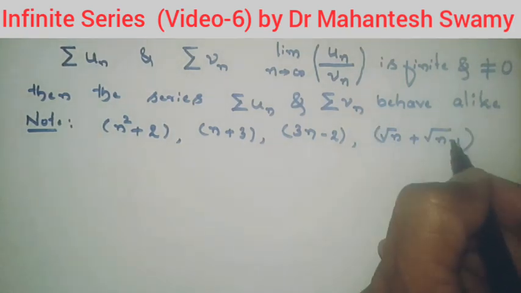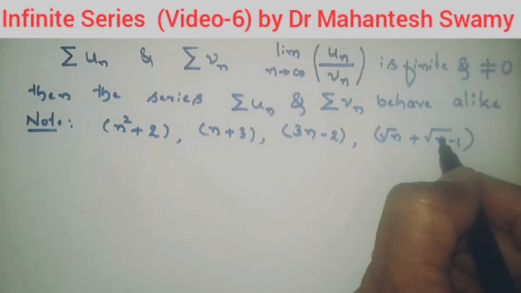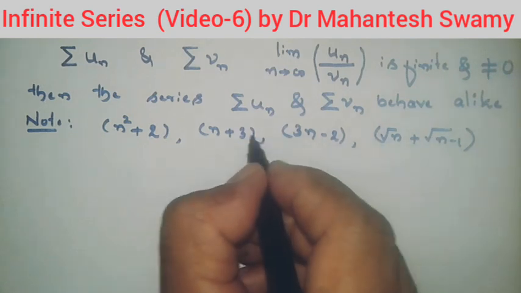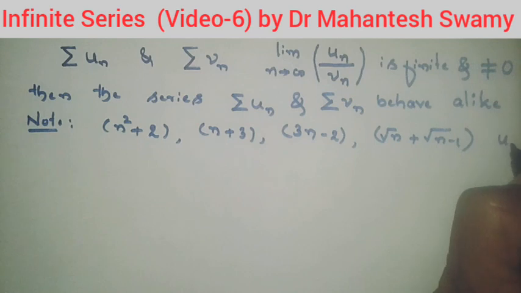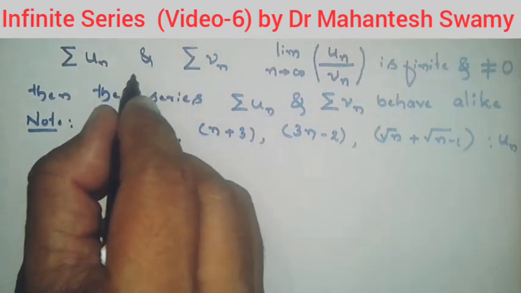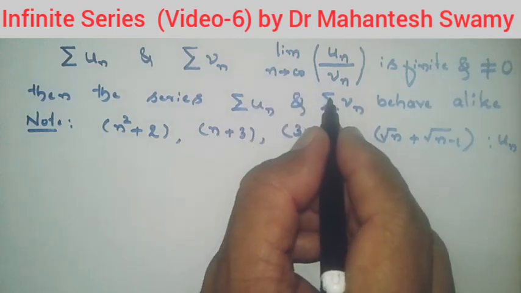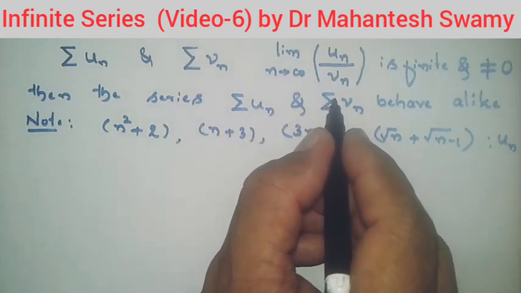If this type of terms are present in both numerator and denominator of un, the nth term of the given series, then the comparison test of type 3 is advantageous to apply.